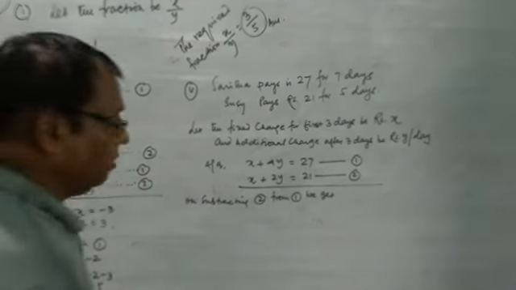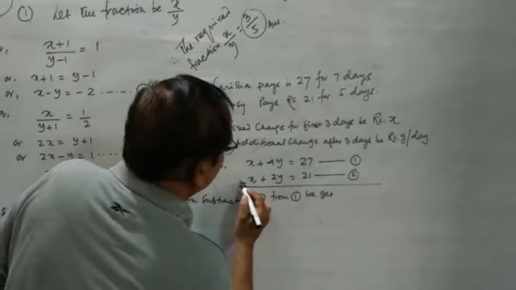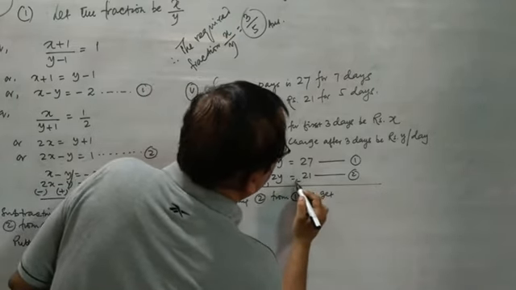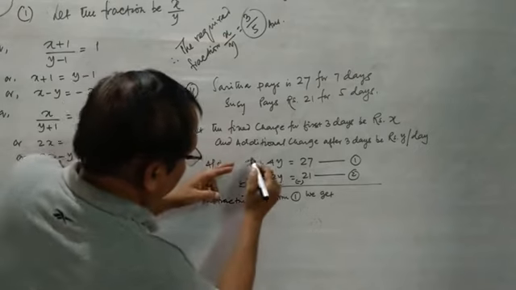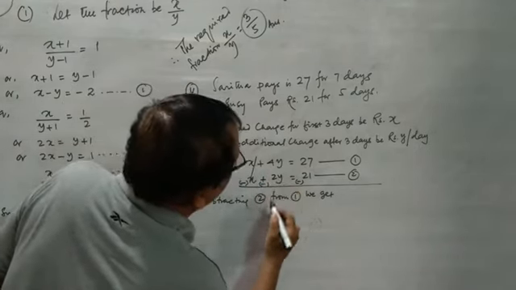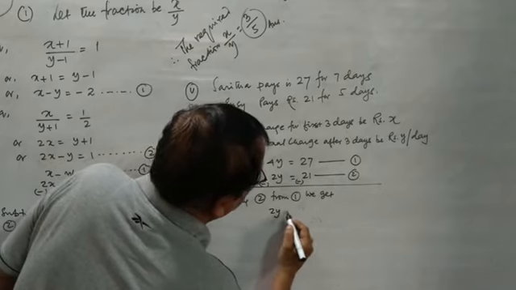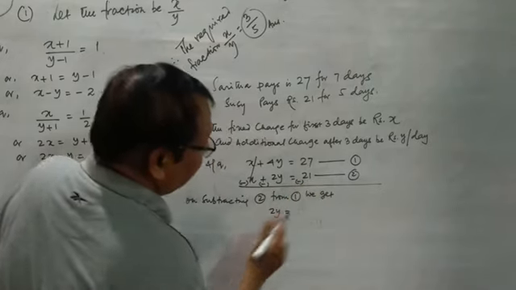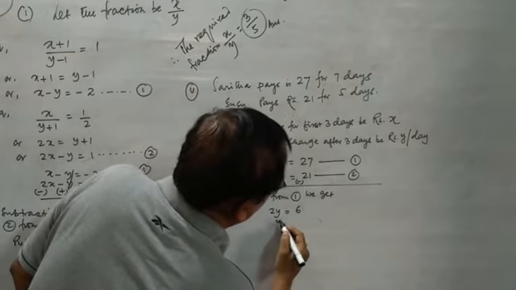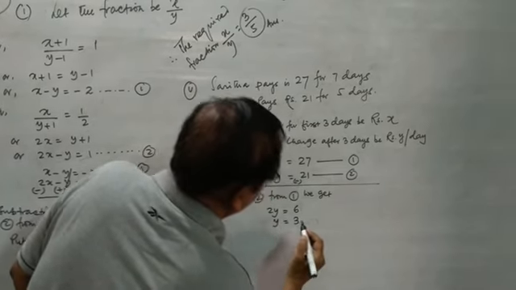We change the sign of the lower equation. Minus, and this is minus. X will cancel out. Now it will be 4Y minus 2Y, that is 2Y, is equal to 27 minus 21, that is 6. And Y equals 3.